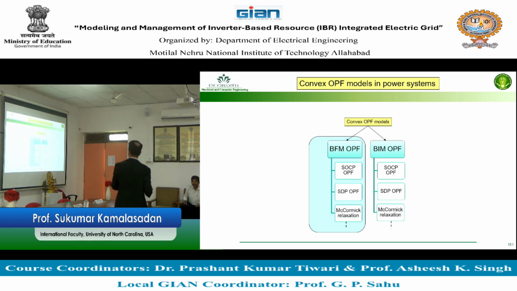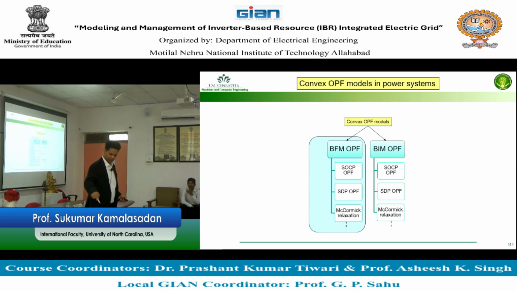Another model is, I don't worry about voltage, I only worry about current. So you recast the whole problem in the form of current. When you are looking at current, you don't look at the bus, you look at the branch, because current is flowing through two points as a branch. Such models are called branch flow models.